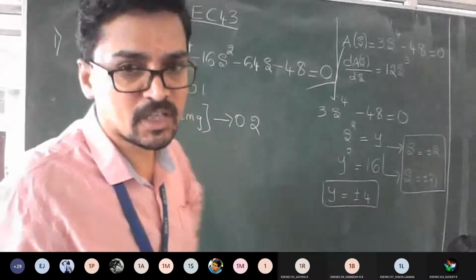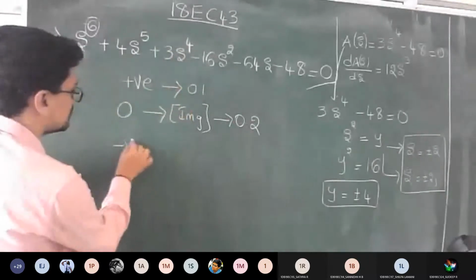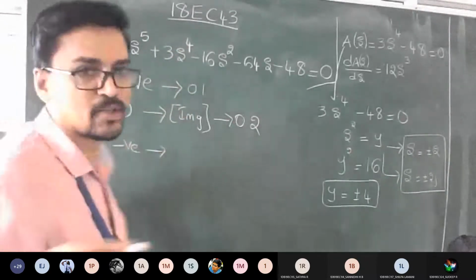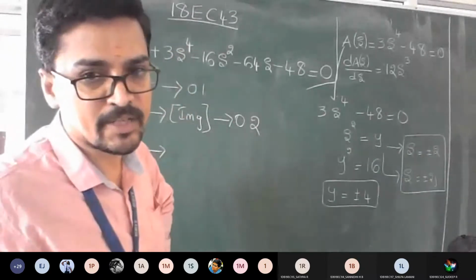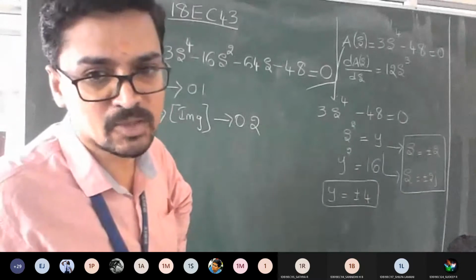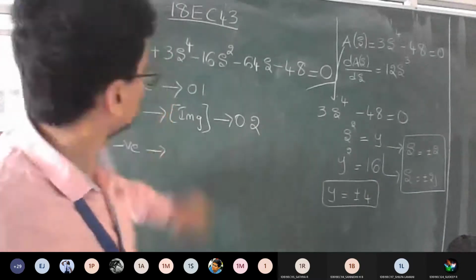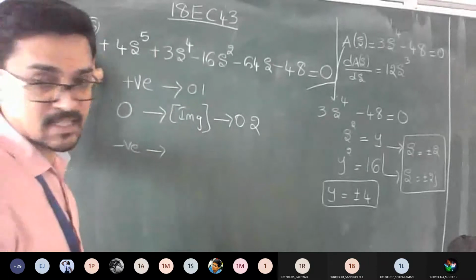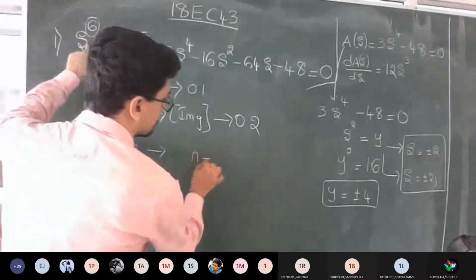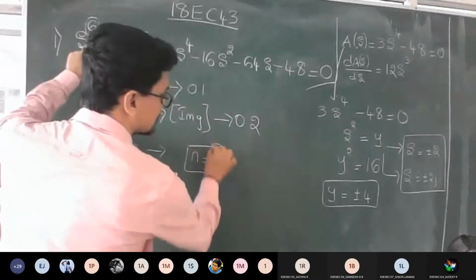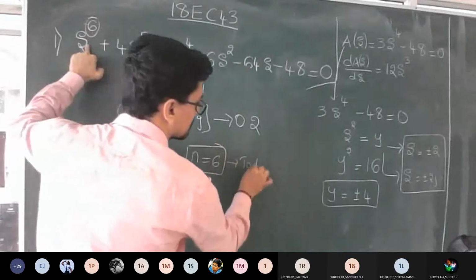Now coming to the last one, to check the negative real part, you need to check the maximum or total number of roots present in the characteristic equation. It says s power 6, so n is equal to 6, which indicates the total roots.